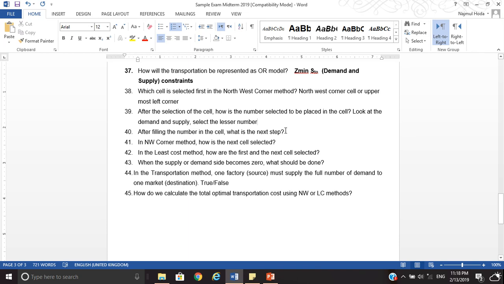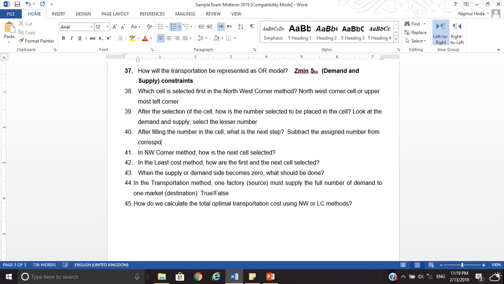After filling the number in the cell, what is the next step? Subtract the assigned number from the corresponding demand and supply. Corresponding means just in line with the selected cell, not down or up.